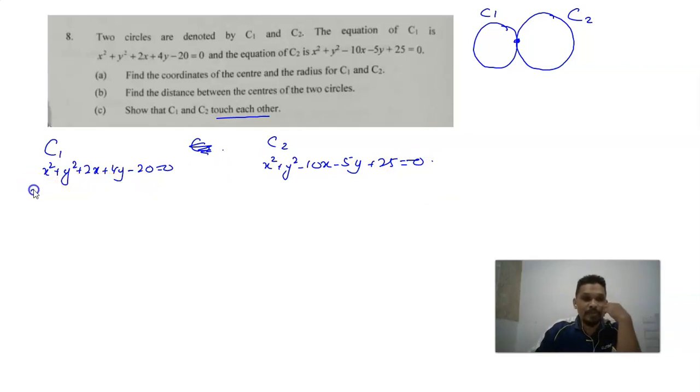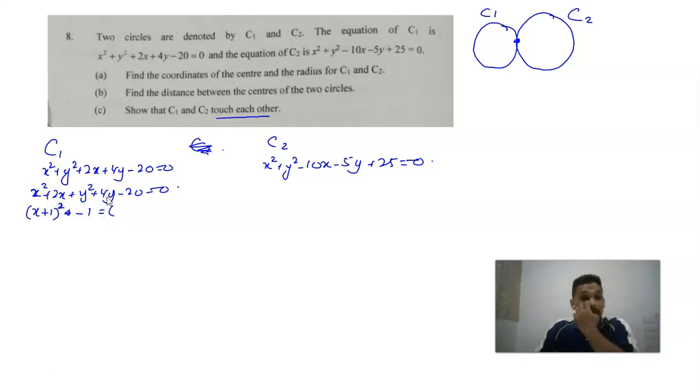Okay, so one by one: x squared plus 2x plus y squared plus 4y minus 20 equals 0. For the process of completing the square, x squared plus 2x plus (2 over 2) squared minus (2 over 2) squared. Just imagine 2 divided by 2, it comes up with (x plus 1) squared, minus 2 divided by 2 equals 1, 1 squared is 1.